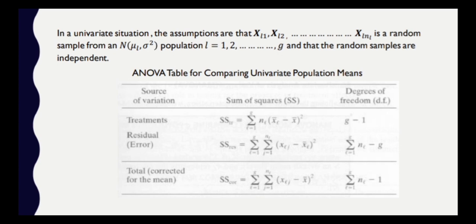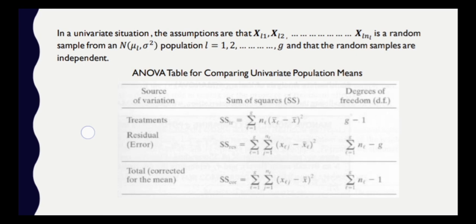Okay, and then you will have the sum of squares. Sum of squares treatment will be the summation of NL multiplied by the mean of L, which is the population or sample mean, minus X bar, the overall mean, then squared.